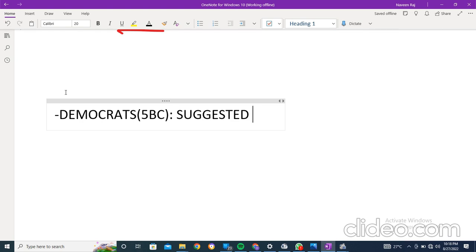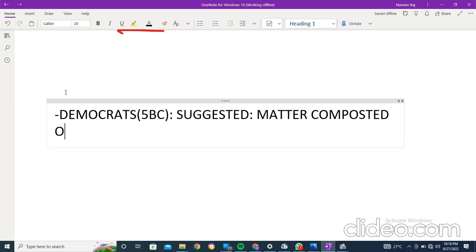What he suggested was that matter is composed of tiny, indivisible particles called atoms.